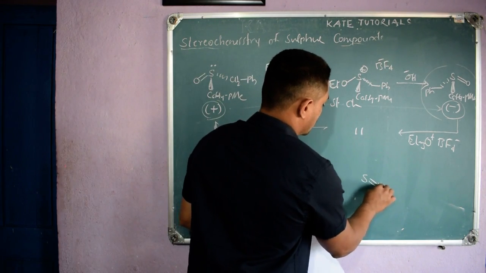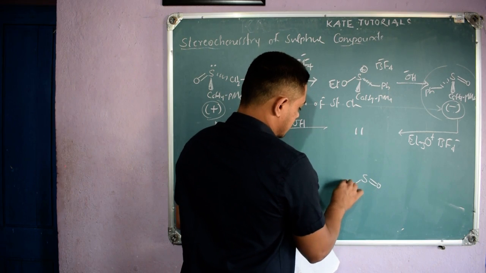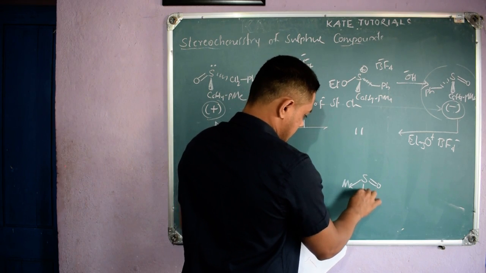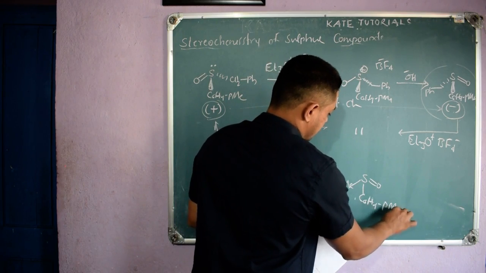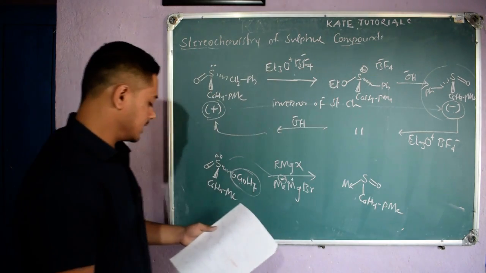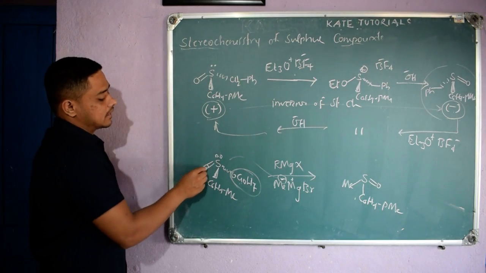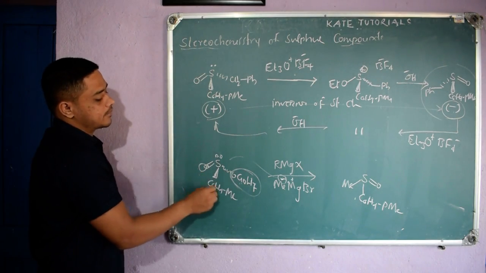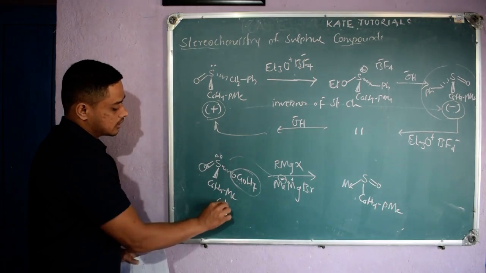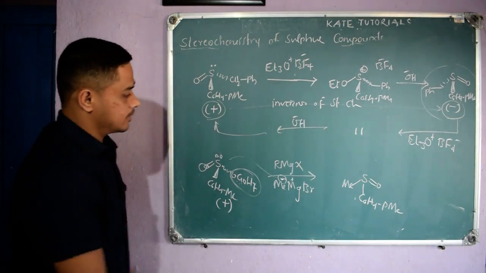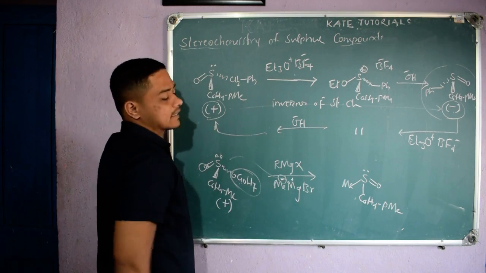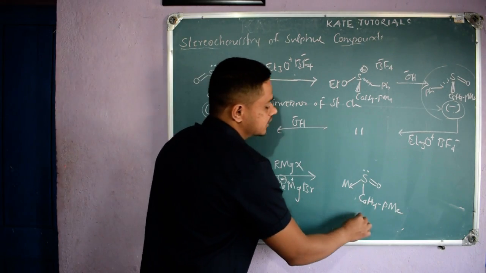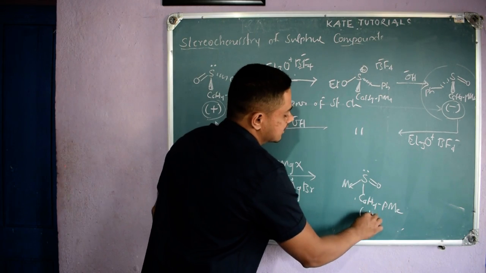Double bond O, methyl, and C6H4 with para methyl again, right? So if you see, it is optically active as it is attached to different substituents A, B, C, D. They checked the optical activity, it was plus, but later they got this product, a racemic mixture, as I have discussed, plus minus.